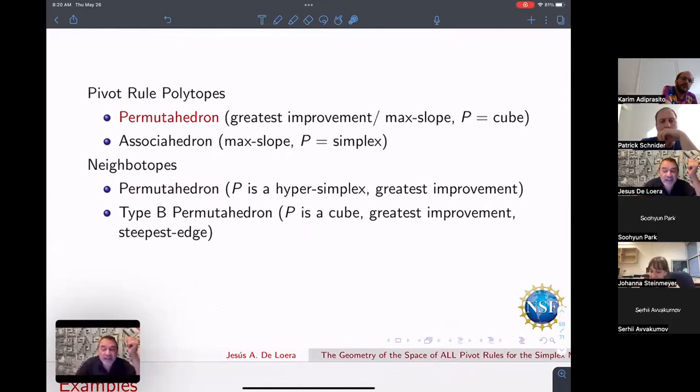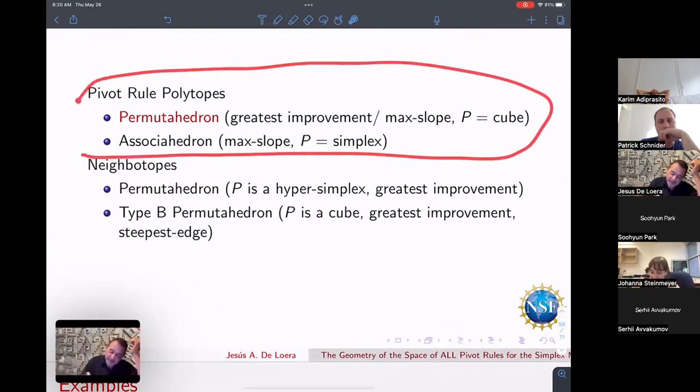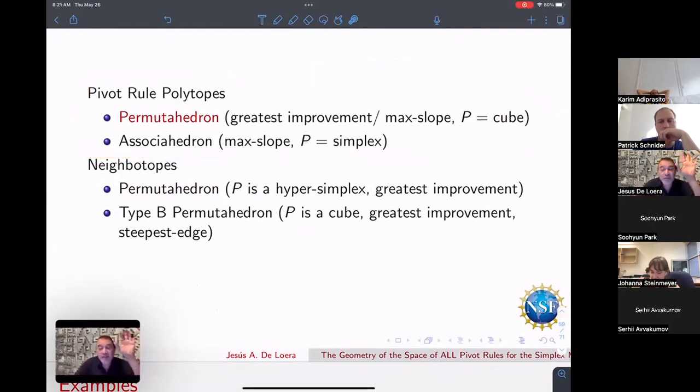Some of you may like the associahedron and the permutahedron. For some easy linear programs, like the cube or the simplex, you actually get the associahedron and the permutahedron back. It's very reminiscent of secondary polytopes. You get these nice constructions back.